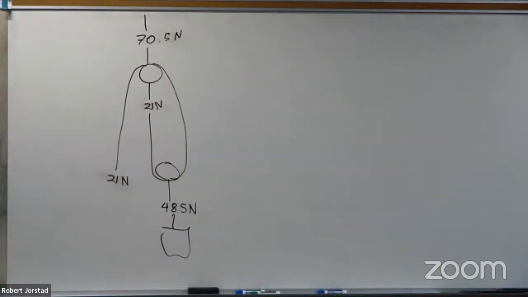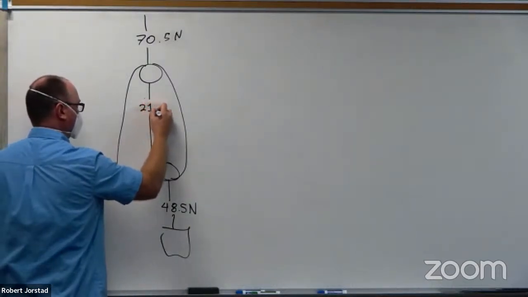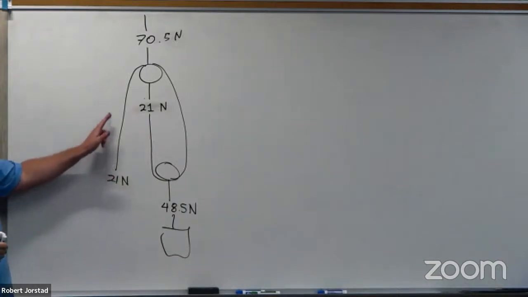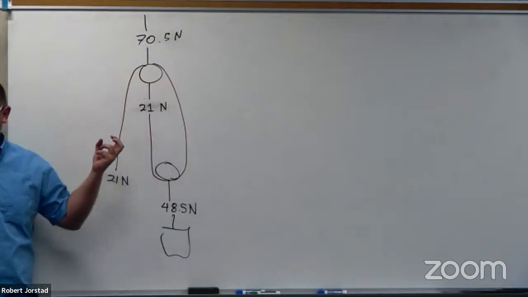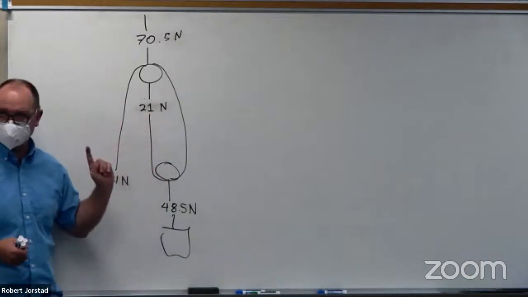Now let's think about this. There we go. So the idea is, look at this cable. The cable that was wrapped all the way around has the same tension throughout the entire cable, right? 21 newtons here, 21 newtons there, 21 newtons everywhere.